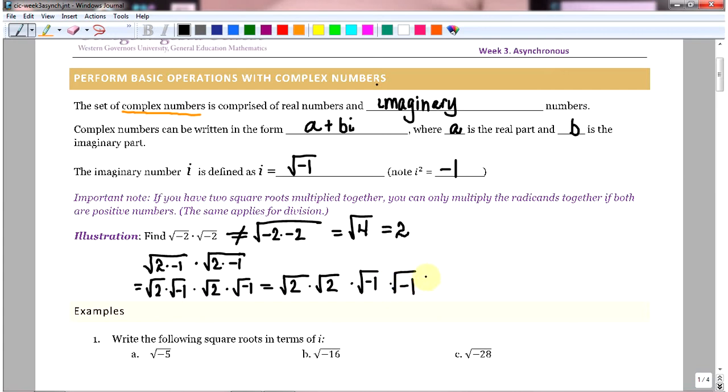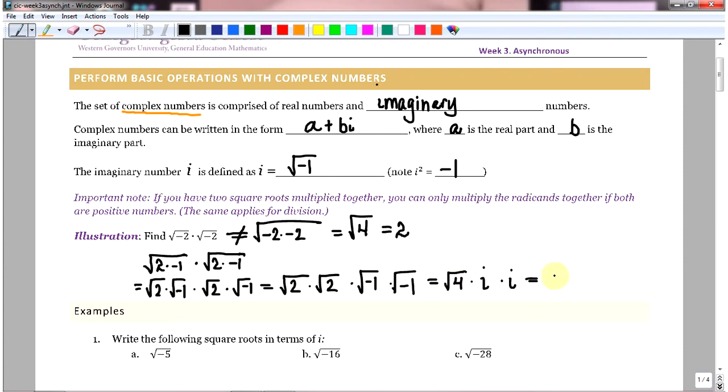You're not going to have to do all of these steps as you're working through the problems. I just wanted to go through this in this illustration to help you remember. So now that we have two positive numbers under the square root, we can multiply them together. So we get the square root of 4 times, well, the square root of negative 1 is our imaginary number i, so we can just fill that in, times, and we have another square root of negative 1, which is equal to i.